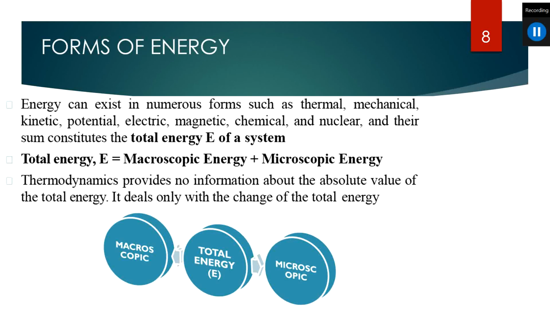So total energy is equal to total macroscopic energy plus microscopic energy. Thermodynamics provides no information about the absolute value of total energy. It deals only with the change of the total energy. That means the absolute total energy of a system has no significance.